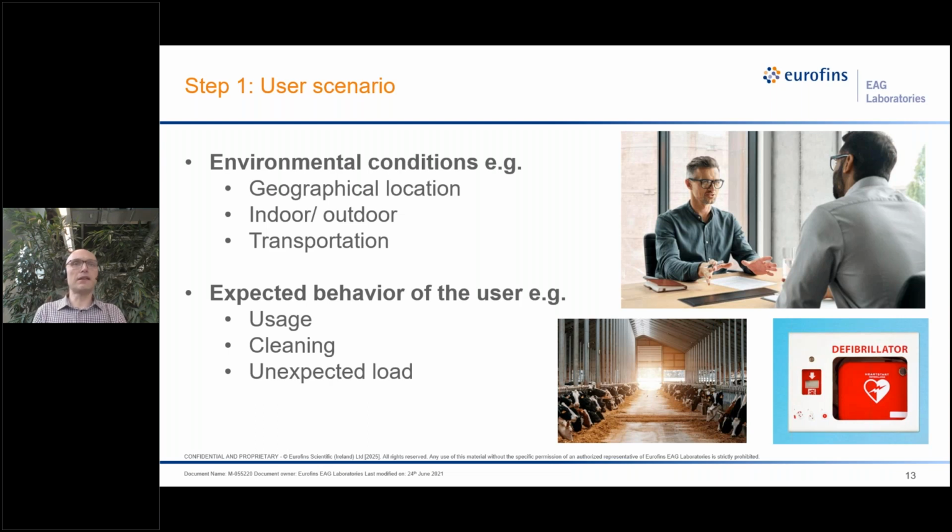In addition, it can be checked how often products are cleaned and with what kind of cleaning agents. Behavior that may not be desirable but can be prevented must also be included. Think, for example, of a smartphone falling on the ground or vandalism on an AED cabinet.